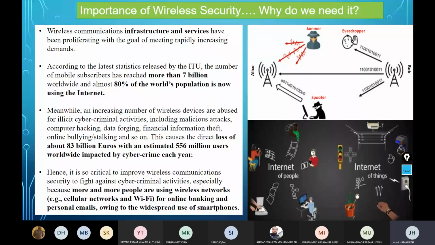Now, to be more specific about the key differences between wireless and wired networks, we need to compare them from different perspectives. First, in terms of user mobility, I ask you, which one is more mobile, wireless or wired? Of course, wireless. You don't have any limit. You can move the way you like. You are not connected to a cable. You have full freedom to move in any direction you want, and you will still be connected to your wireless network.